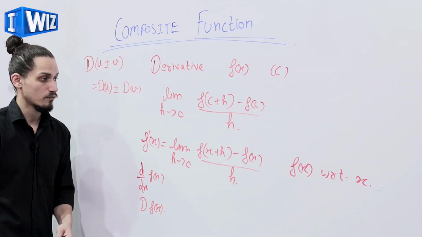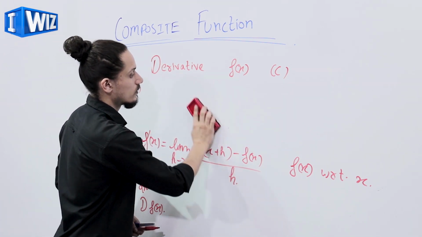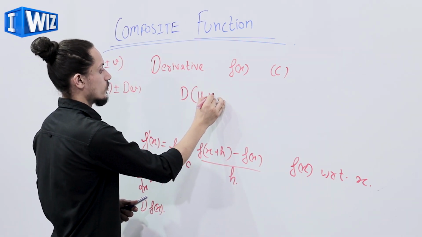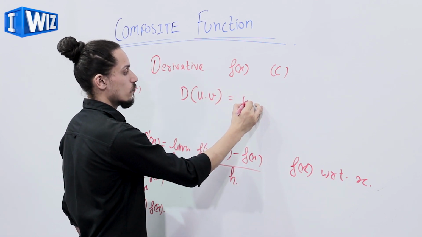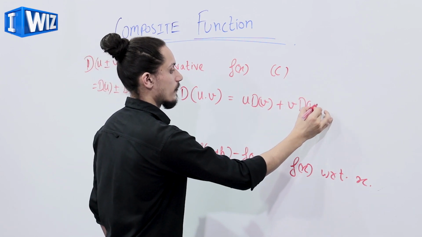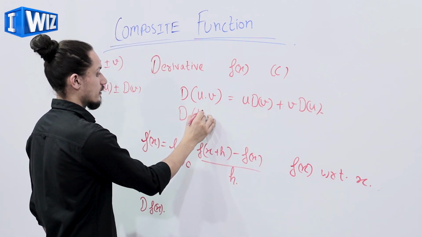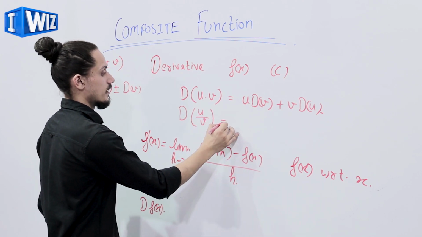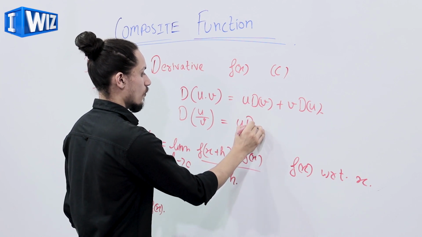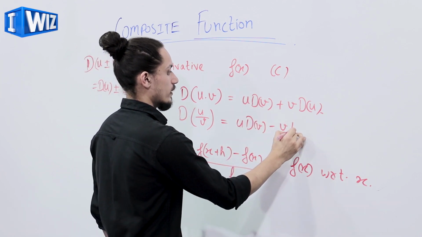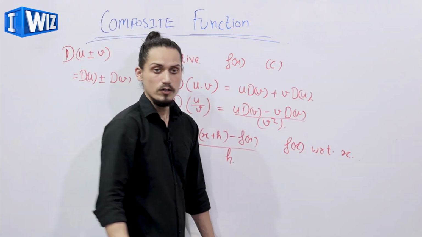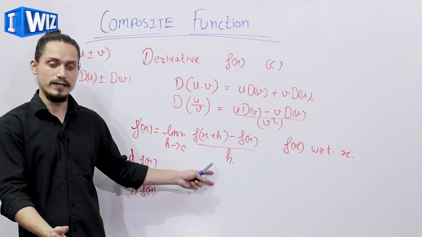In case of multiplication we use the UV rule: the derivative of u into v is equal to u into derivative of v plus v into derivative of u. And if these functions are in division, then the derivative becomes v into derivative of u minus u into derivative of v, divided by v square. Okay, cool. So we know everything about differentiability from last time.